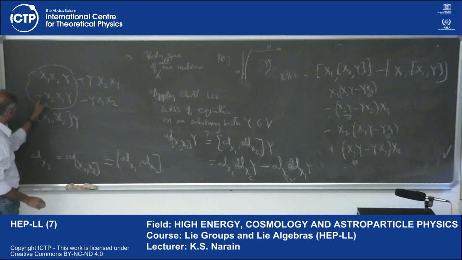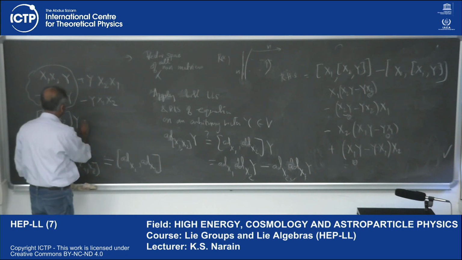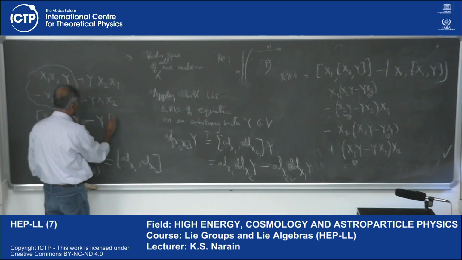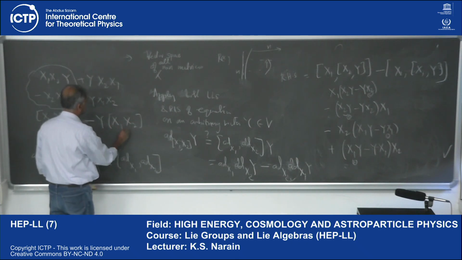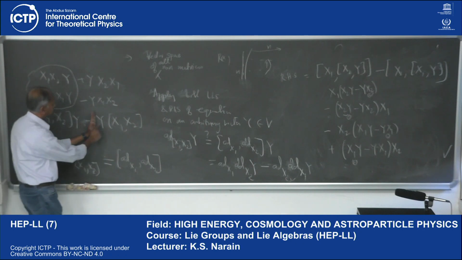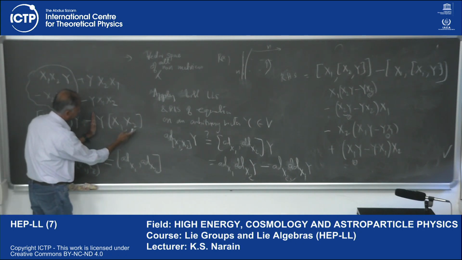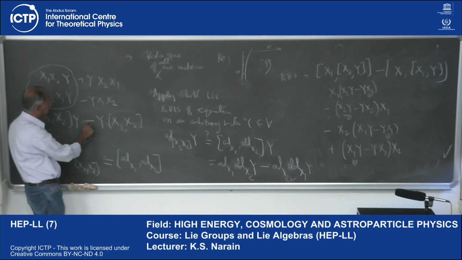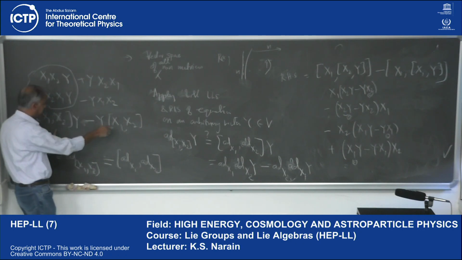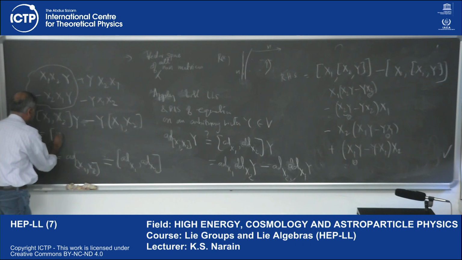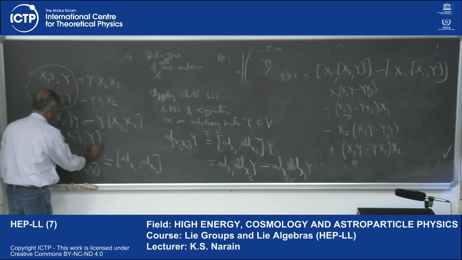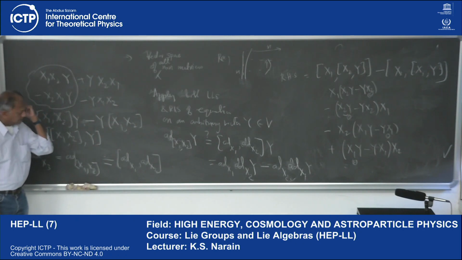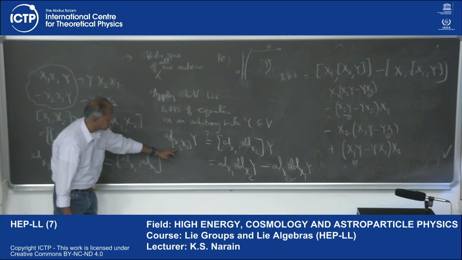Because this is x1 x2 minus x2 x1, and y is always on the right-hand side. And this one, minus y x1 x2 plus y x2 x1, is minus y times the commutator of x1 and x2. Which is the same as the commutator of [x1, x2] with y.